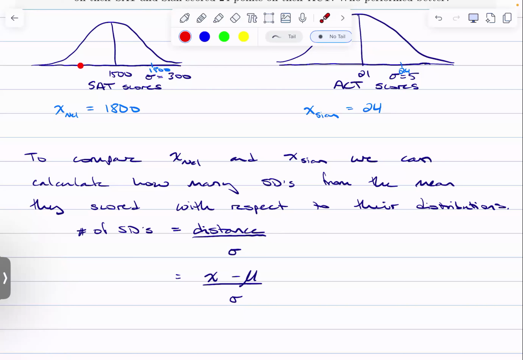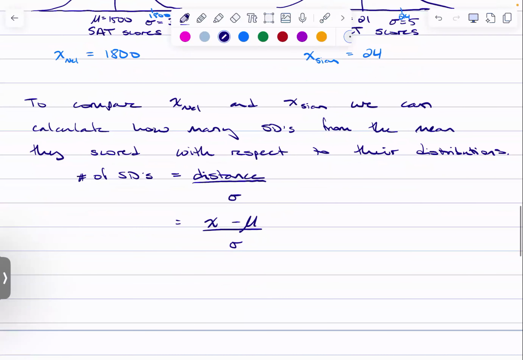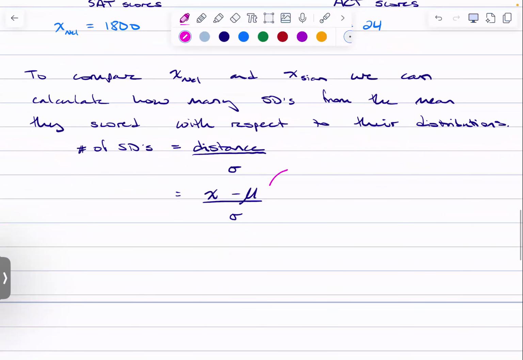Remembering that here mu is 1500 and here mu is 21, we always calculate the distance as x minus mu.